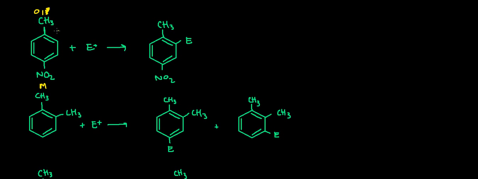So this wants to add ortho, and this one wants to add meta. So a good position would be here and here, which is meta to this and ortho to this. So if there's a substitution, this is going to be the major product, this addition. Ortho, meta.